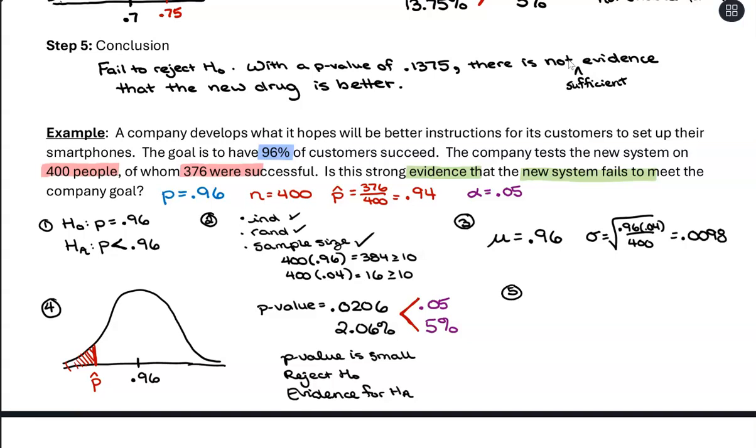So my last step here, we reject the null. This is always the scenario we're looking for here. This is where we found the evidence that we were looking for. So we reject that null hypothesis, and then with a p-value of 0.0206, there is evidence.